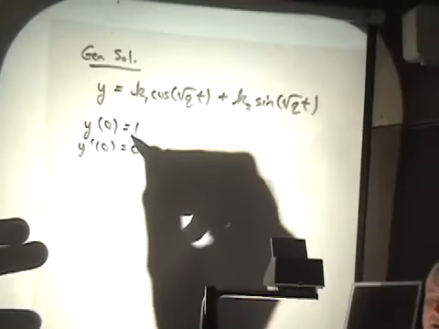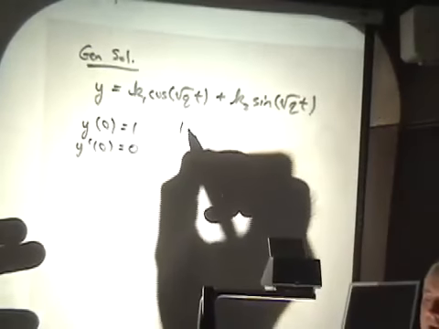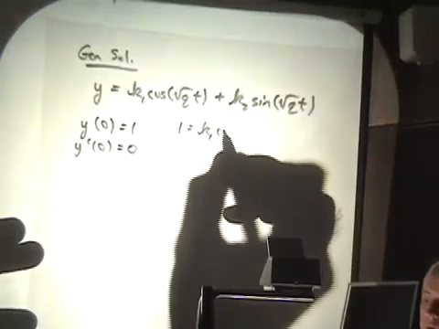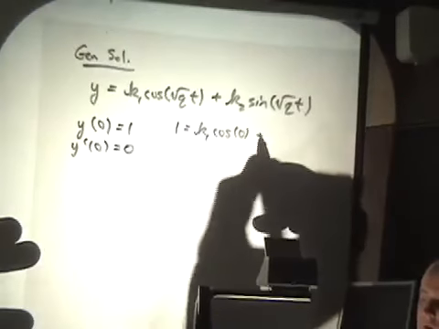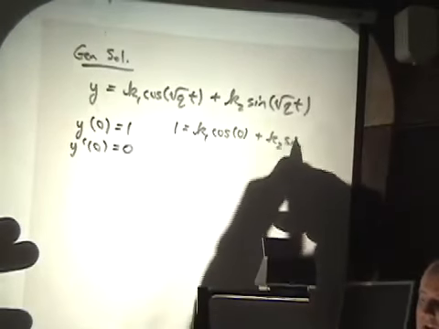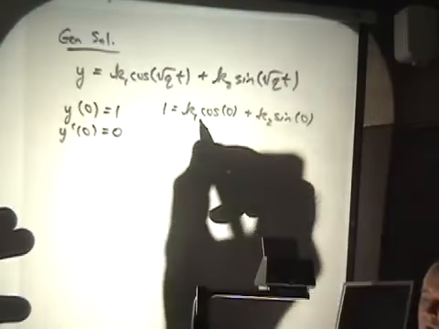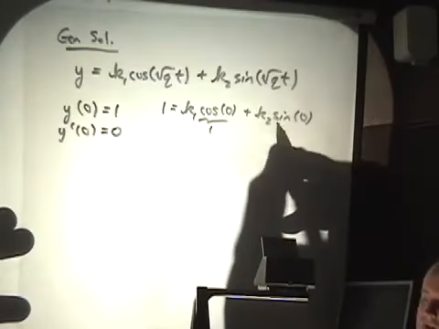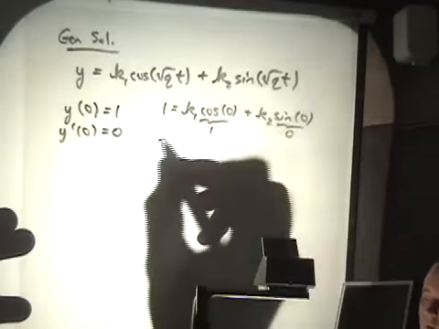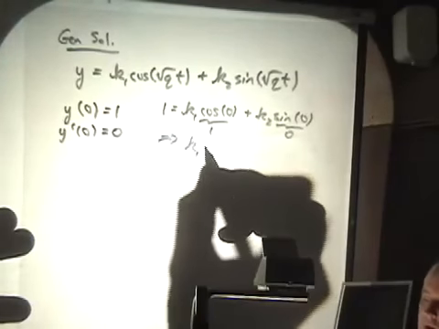The fact that y of 0 is 1 means that 1 equals k1 cosine of 0 plus k2 sine of 0. We know that cosine of 0 is 1 and sine of 0 is 0, and therefore k1 must be 1.